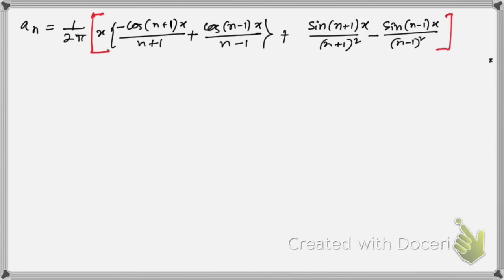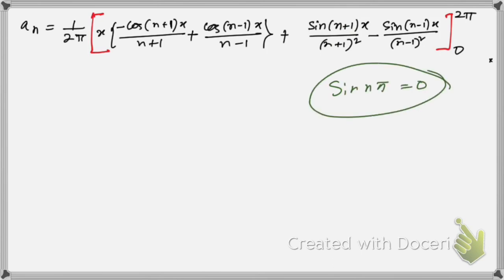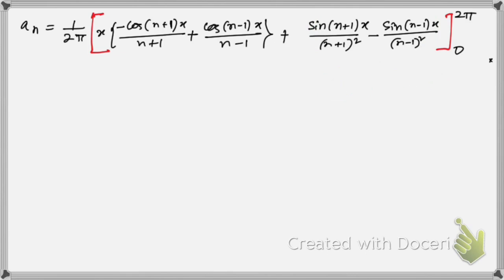So now, what were the limits? 0 to 2 pi, right? So here you see, on putting 2 pi, those terms containing sine will be 0, because I have already mentioned that sine n pi is equal to 0. And sine 0 is 0 as well, so we're going to deal with this term only, right?